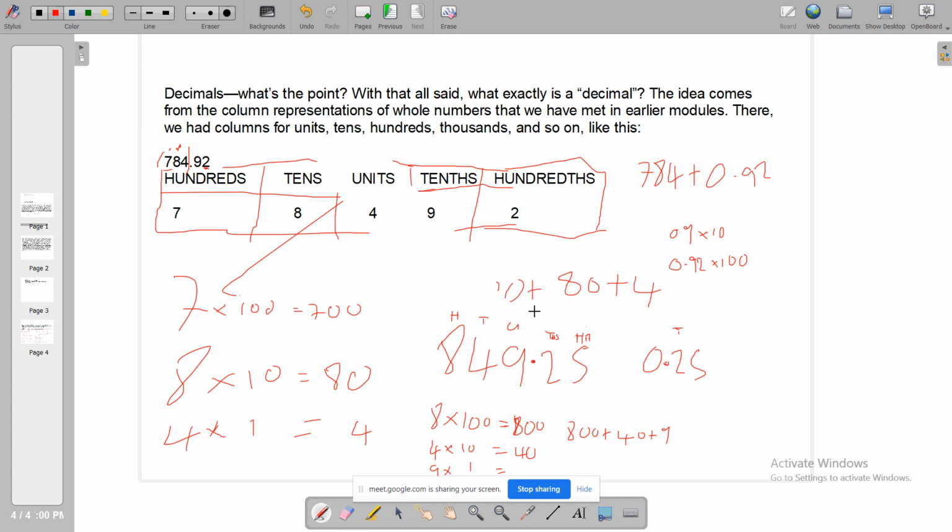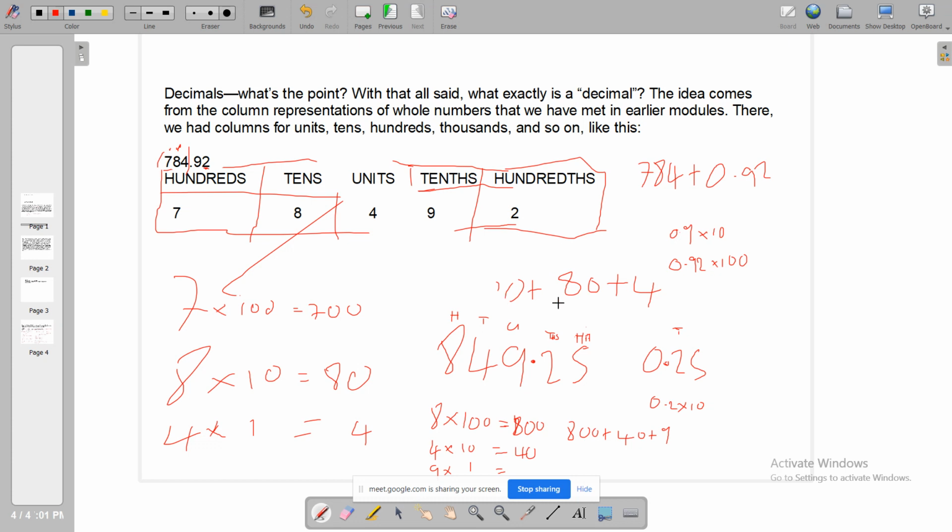So as we did with the others, here will be 0.2. If I want to deal with only this, 0.2 times what? The 10, which when we multiply will give you what? 2. Okay, that tells you the position of this.